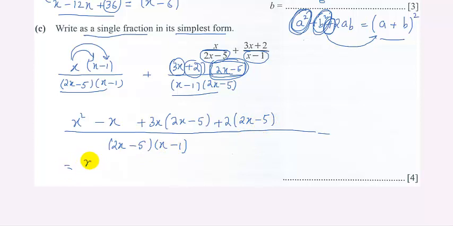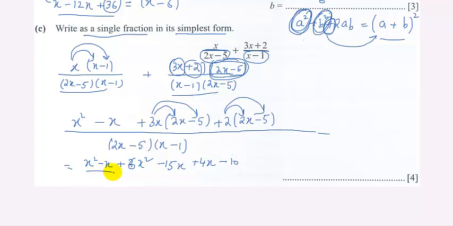Okay, now I will expand x square minus x, here it is plus 6x square, and then multiply with this minus 15x, and 2 into 2, 4x, and 2 into minus 5, minus 10, and LCM is the same LCM.